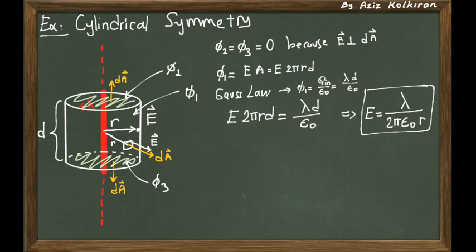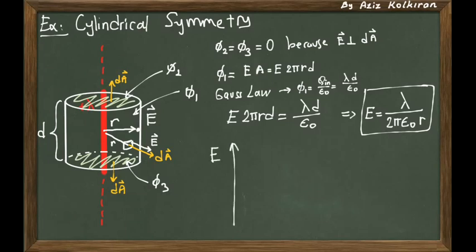And if you compare this to the planar symmetry, as you remember, the electric field did not depend on the distance from the surface, and it was always constant, but it drops as 1 over r for a line charge, and it drops as 1 over r squared for a spherically symmetric charge or point charge.